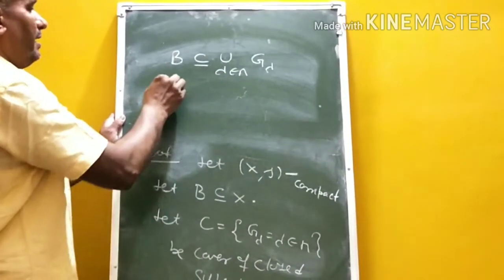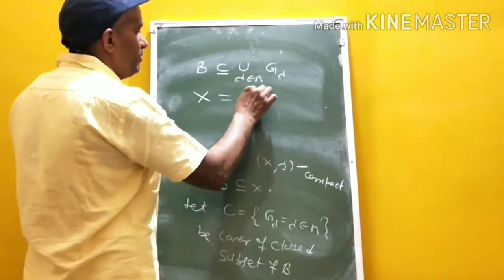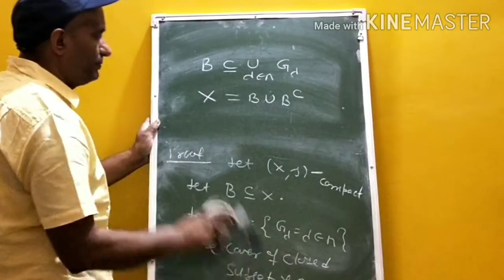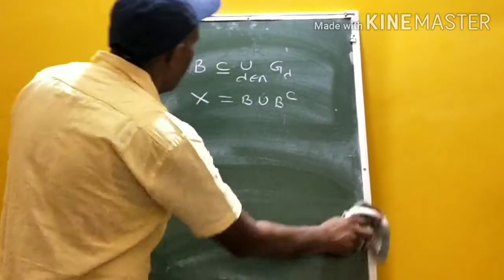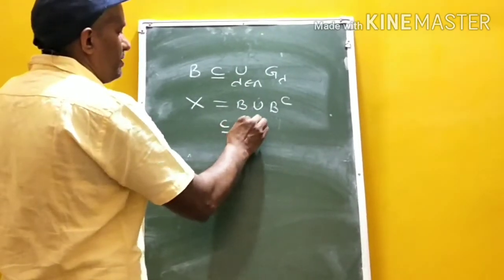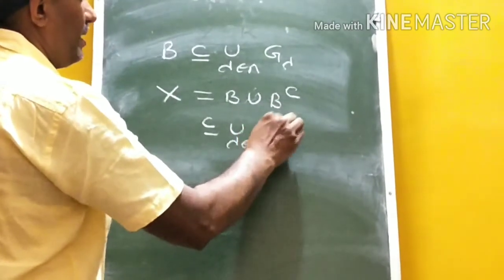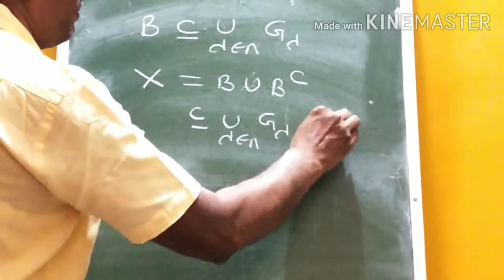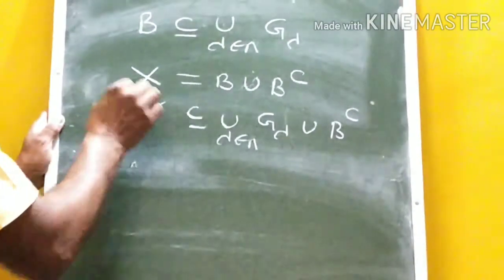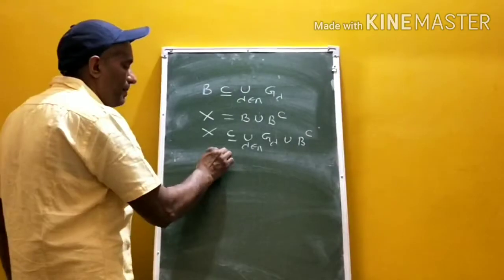Further, X can be written as B union B complement. Now putting the value of B, X is contained in the union over lambda belonging to gamma of G lambda, union B complement. X is contained in this, but X is given to be compact.